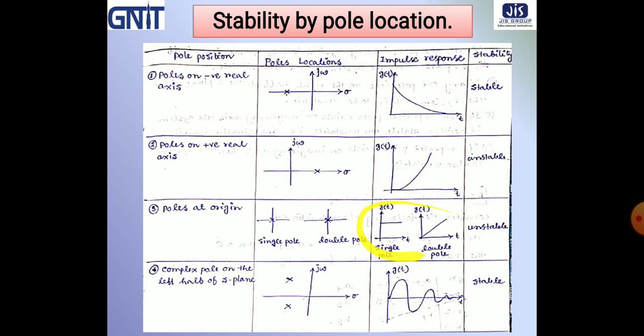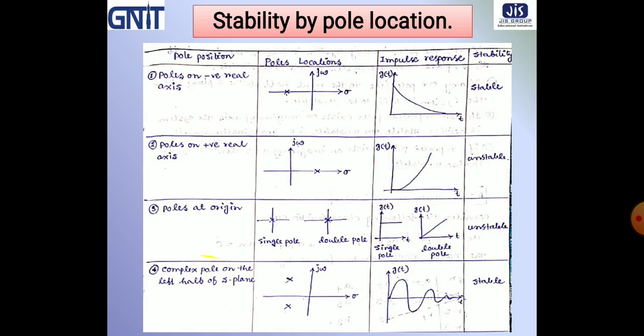So in these two impulse responses, neither approaches zero. That's why these two responses are called unstable. So we can say if the poles are present at the origin, then the system will be unstable in nature.